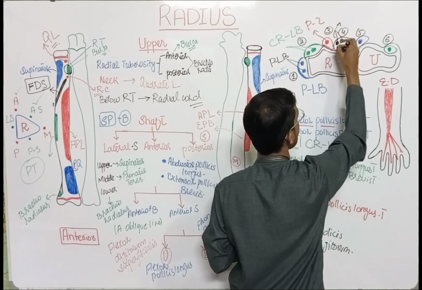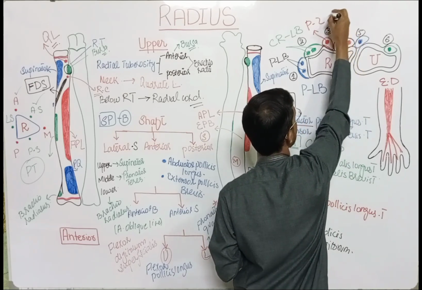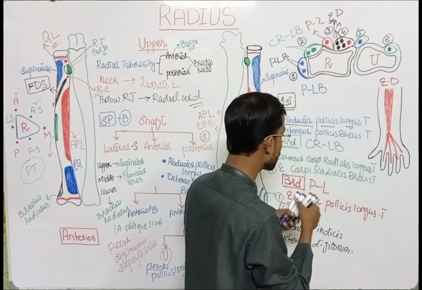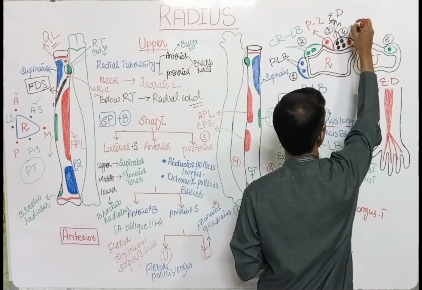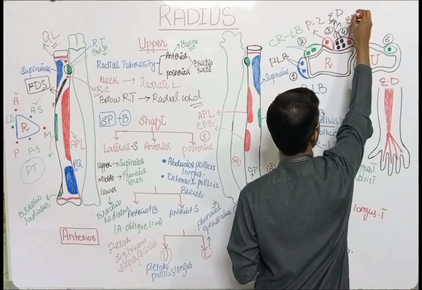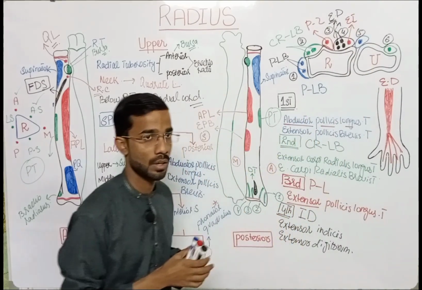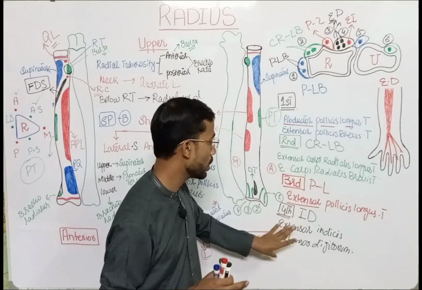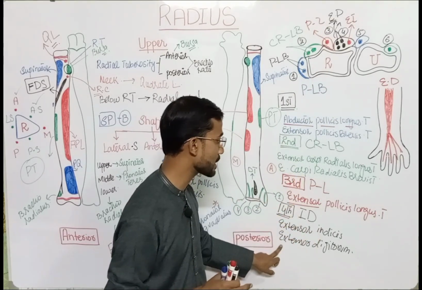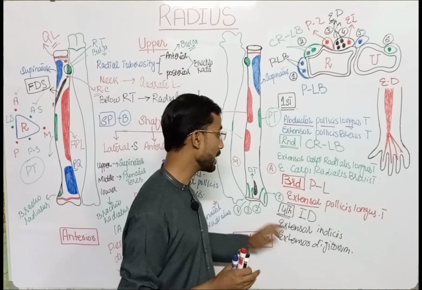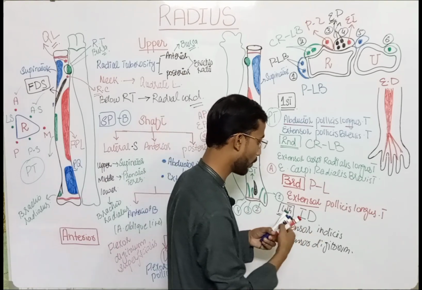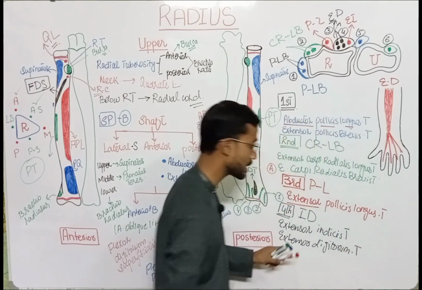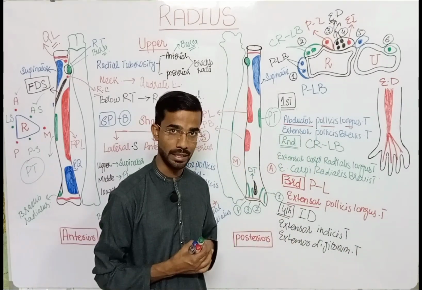These are basically the four tendons of the extensor digitorum, and one is for the extensor indicis. So the fourth compartment has two muscles, extensor indicis and extensor digitorum, but there is one tendon for the extensor indicis and four for the extensor digitorum.